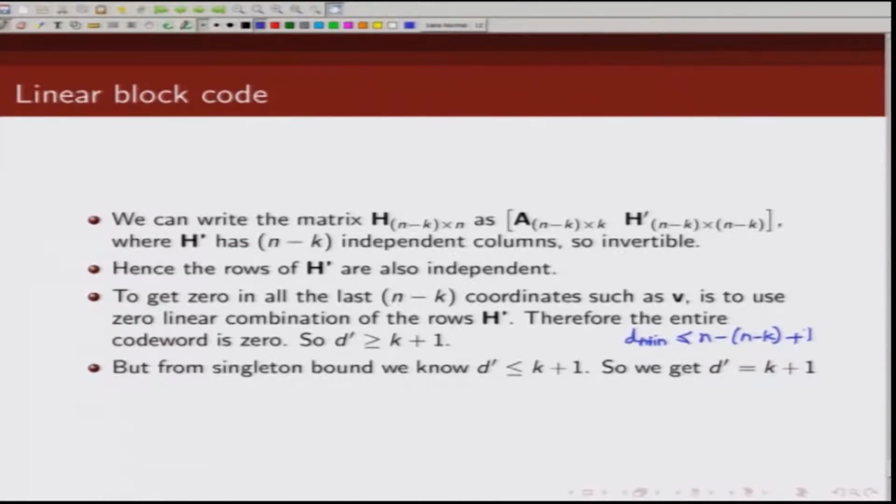So from the Singleton bound we get the condition that the minimum distance should be less than or equal to k plus 1, and from the earlier argument we get the condition that the minimum distance is at least k plus 1. So if we combine these two, we get the condition that the minimum distance of this code is k plus 1. Hence it is proved that the dual code is also maximum distance separable, because it satisfies the Singleton bound with equality.